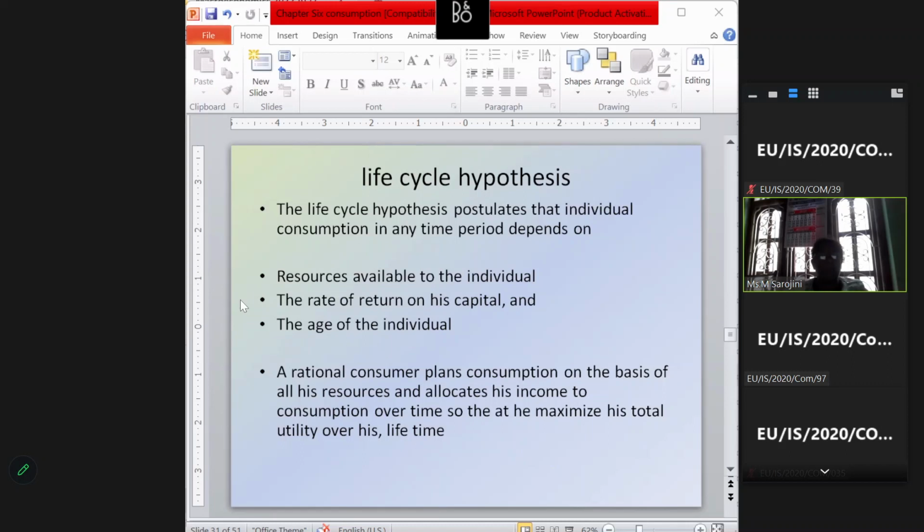This life cycle hypothesis is based on three things. The first one is resources available to the individual. Sometimes people may enter the labor market at the age of 20, sometimes 25, sometimes 45. Two or three years back, around 40 years, graduates of age 40 were appointed.